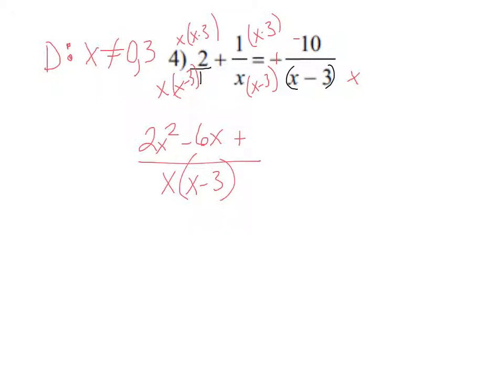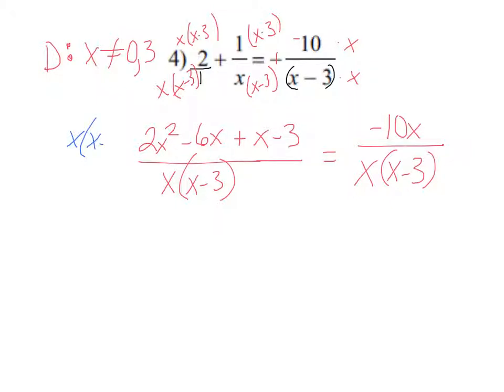Plus, and then I'm going to the next one where I'm distributing. Now I'm really just distributing a 1, so that's really not doing much. That's just going to be an x minus 3. Equals, I'll have that same common denominator on the right side, and I don't know why I didn't put it up there again. It's going to be an x times an x. Okay, so I have a negative 10 times an x. That's just a negative 10x.